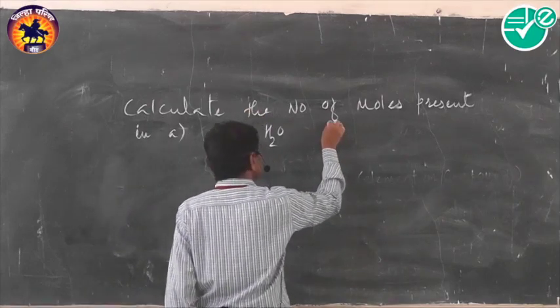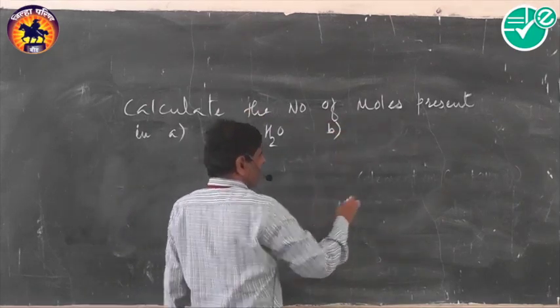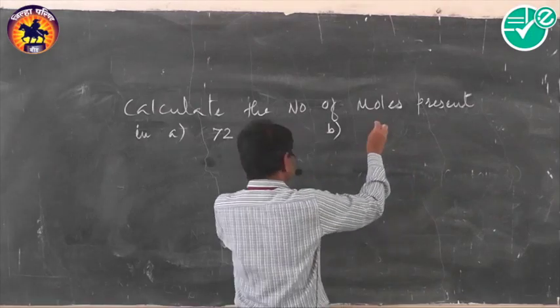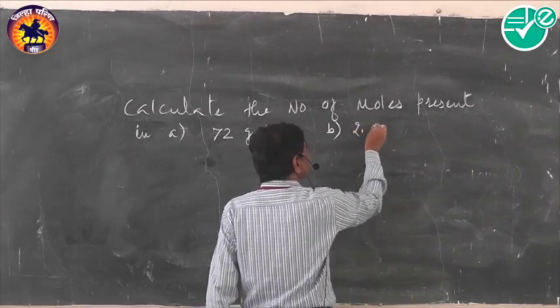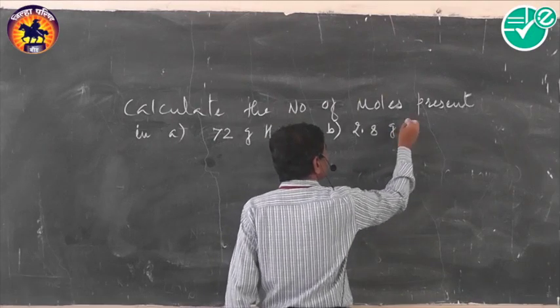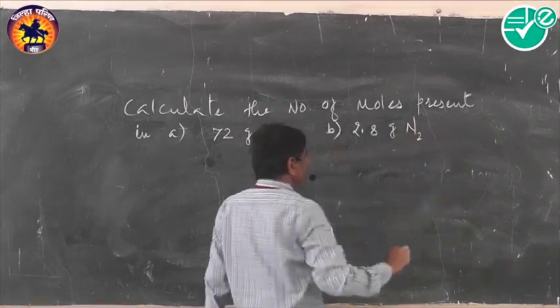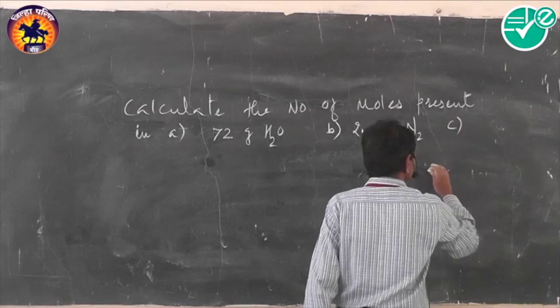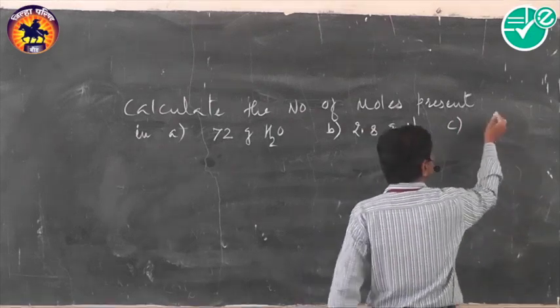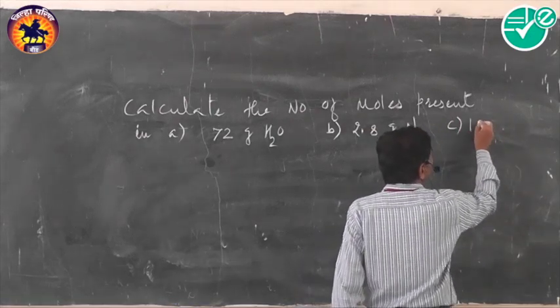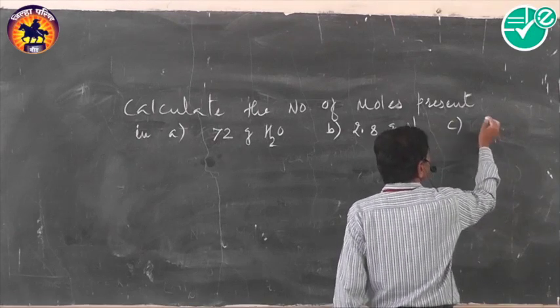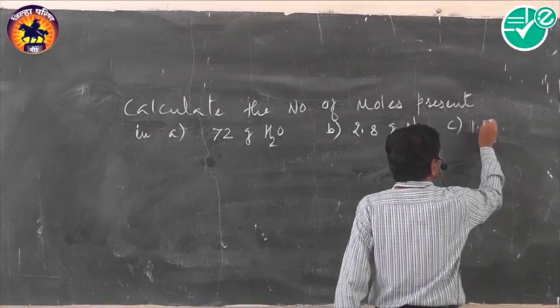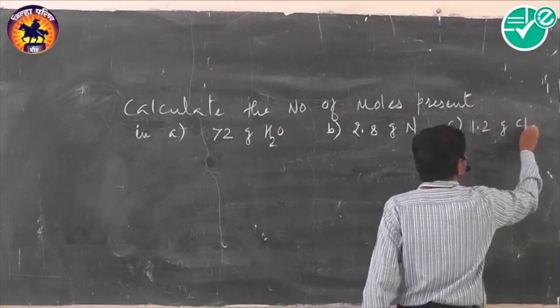Then B, 2.8 gram nitrogen. C, 1.2 gram acetic acid.